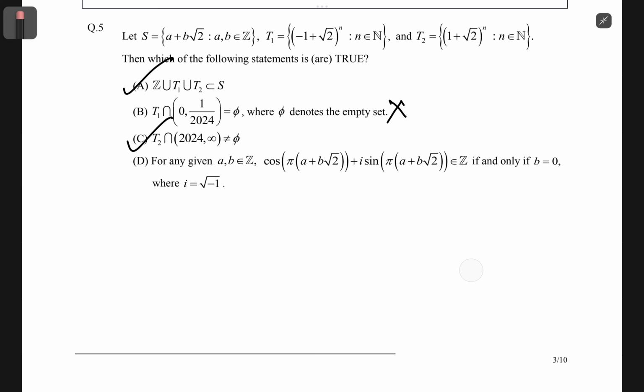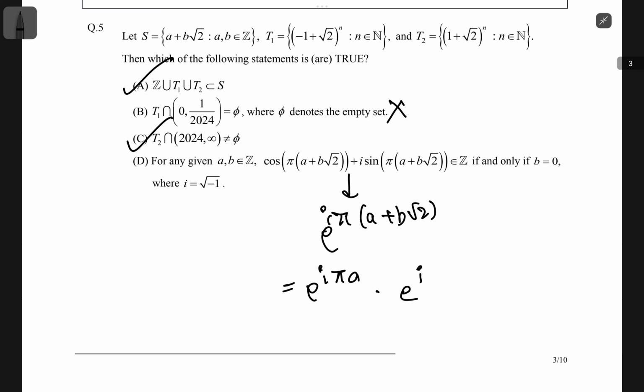For the next one, for any given a and b belonging to integers, cos of this plus iota sine of this belongs to Z. So clearly this is e power iota pi a plus b root 2. I can write this as e power iota pi a times e power iota pi b root 2.